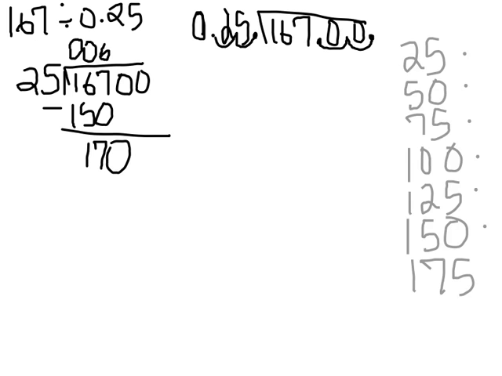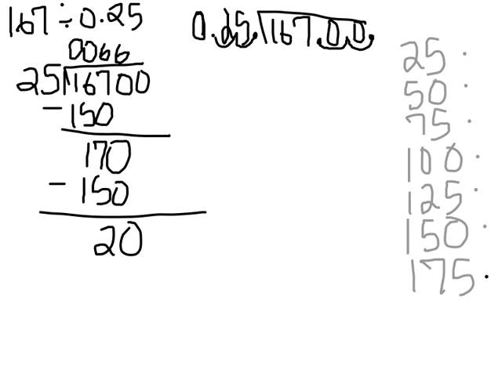25 does go into 170, 6 times though. 25 times 6 is 150. We'll go ahead and subtract down. If I do that, I'm left with 20. Now, 25 does not go into 20, but I have another 0 I can bring down.